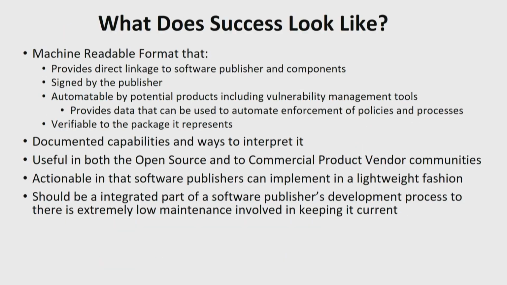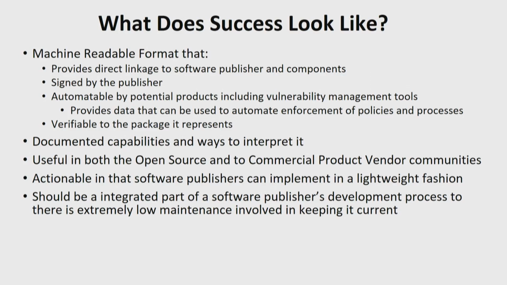So, objectives. Success looks like a machine-readable format that provides direct linkages to both the components and the suppliers. There are different terms that have been bandied about, publisher, project, and everything has been brought under this rubric of a supplier, whether it's a commercial or an open source project.